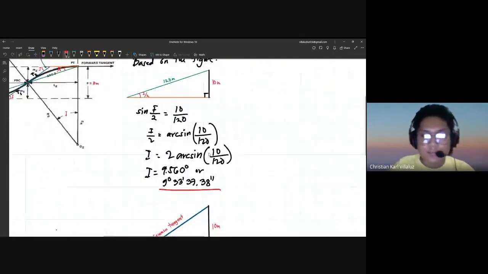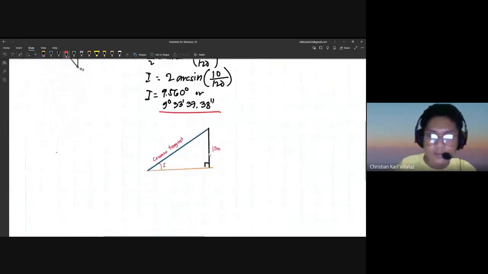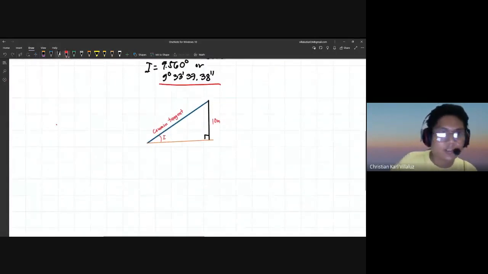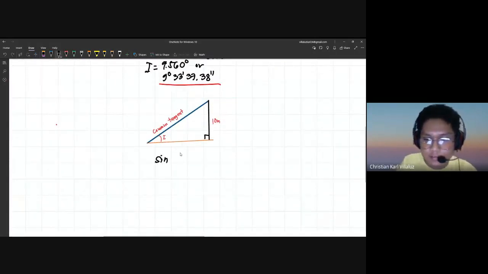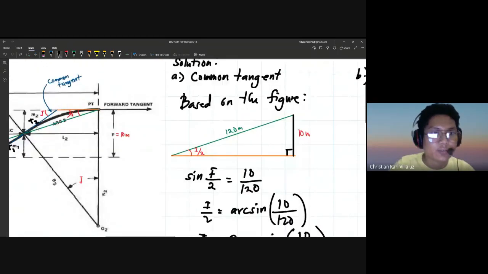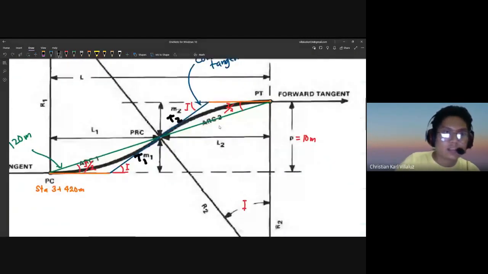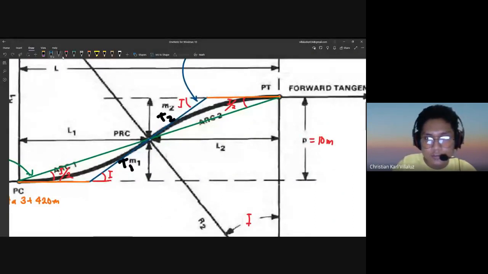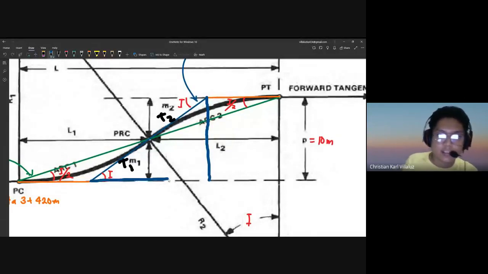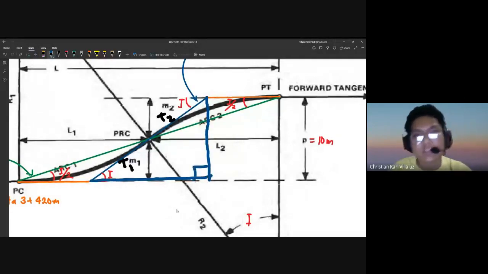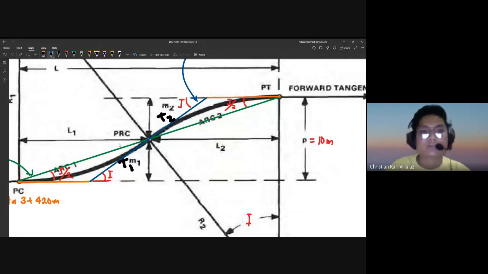Okay. For the common tangent, we have here sine I equals to, yung common tangent pala, itong triangle na to, makukuha natin yan dito. Ito yung common tangent, and yung distance na to, kukunin lang din ulit natin itong vertical distance, o yung parallel distance between tangents, and this line here, maka-form ulit tayo ng right triangle.